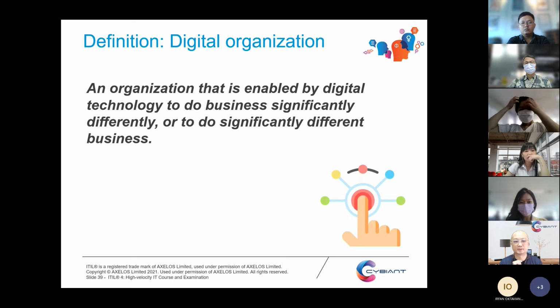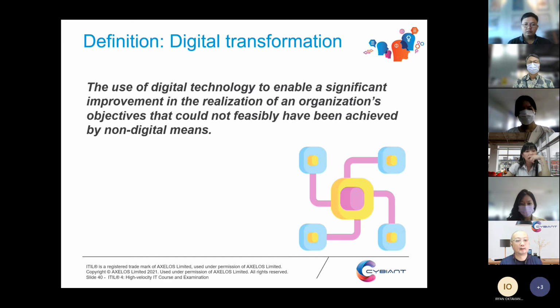So it says here, digital technology enables us to do things differently. So using a mobile app is doing things differently. Processing things on the web is also doing things differently, in that sense. Okay, digital transformation.